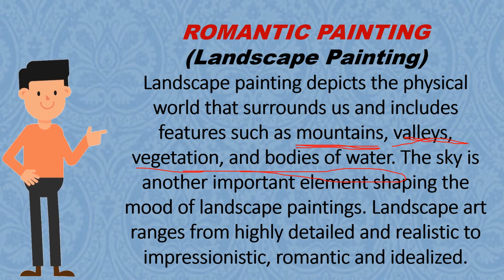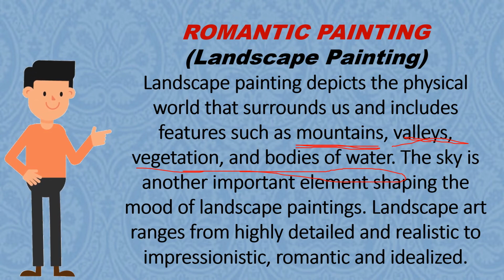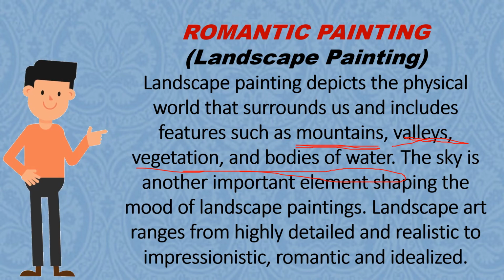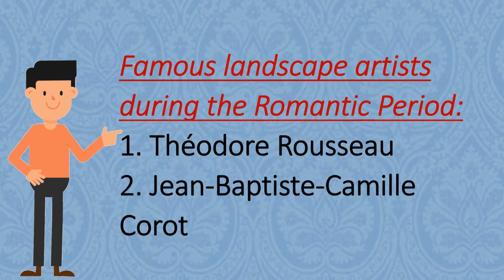Landscape art ranges from highly detailed and realistic to impressionistic, romantic, idealized. When we say landscape painting, we are dealing with illustrations of our nature and our environment. So we could include trees, bodies of water, lands and seas, and so on, which is in relation to our nature.